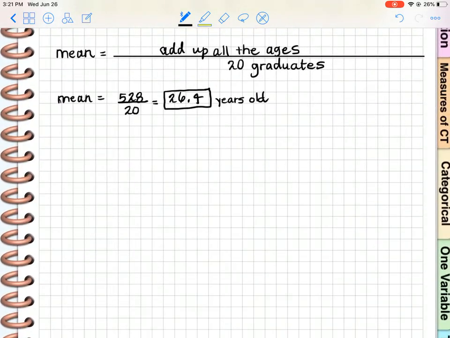Okay, to get median. I'm sorry, I would like to just skip median, because remember, median is the middle, but not just the middle of anything. It's the middle of an ordered list.